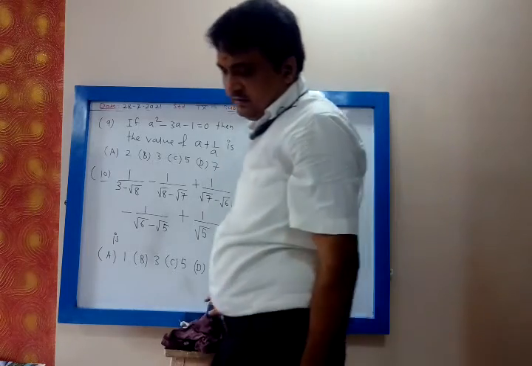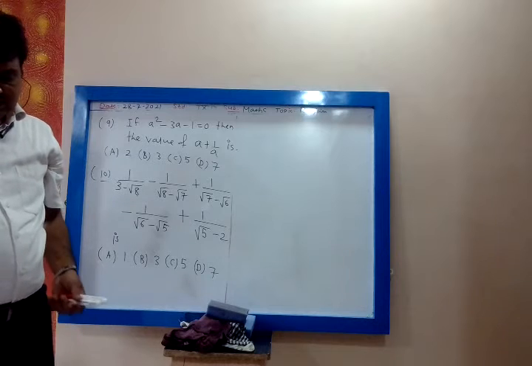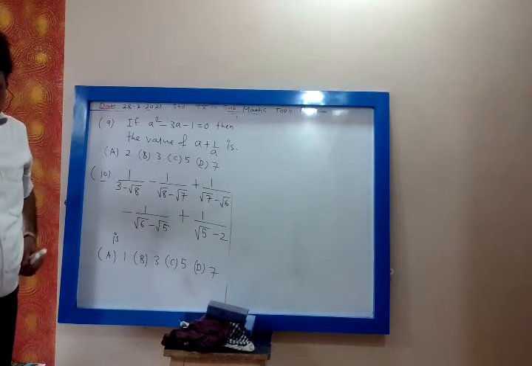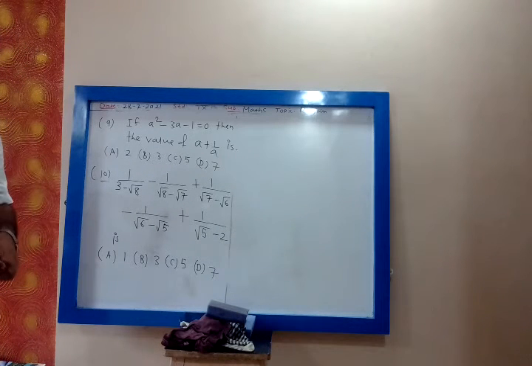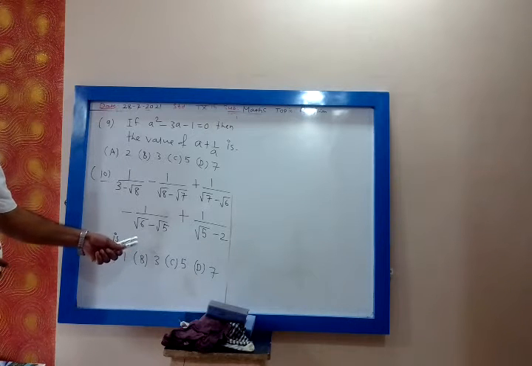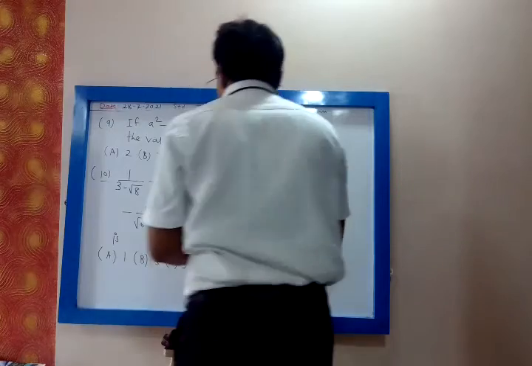Answer is not coming, which is given in 1 upon 3 minus root 8, plus 1 upon root 7 minus root 6, minus 1 upon root 6. Ninth one. How 13? Right, let us see.